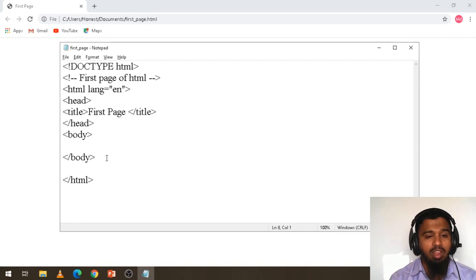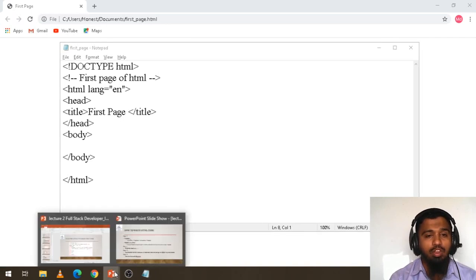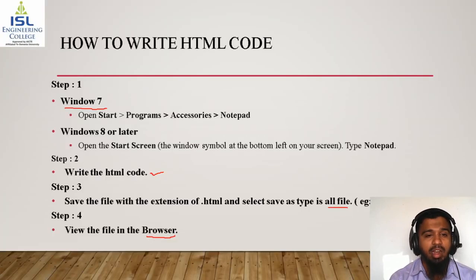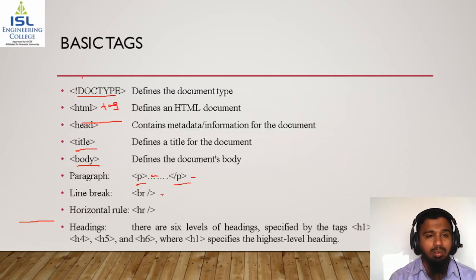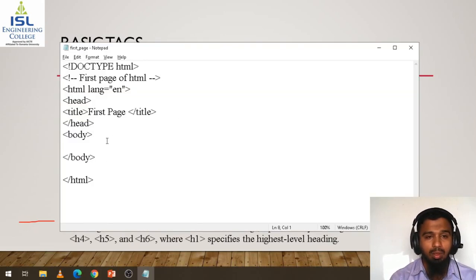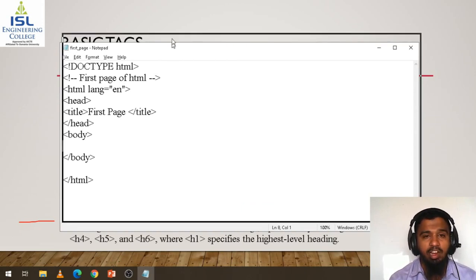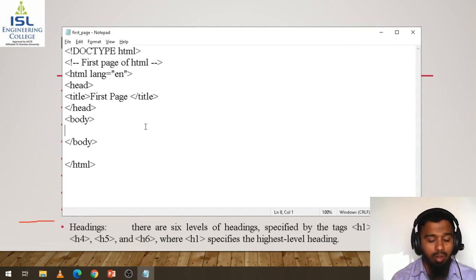Now we will use the basic tags. Basic tag, we will use paragraph. But before going to the paragraph we will see the heading tag. Let me write h1 opening tag, and there should be a closing tag.